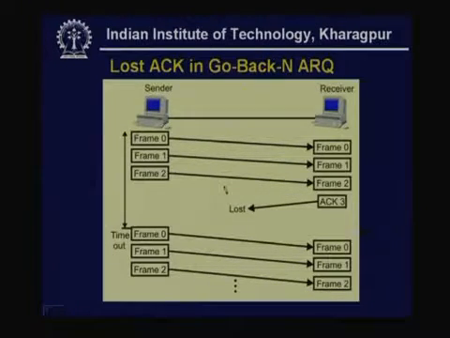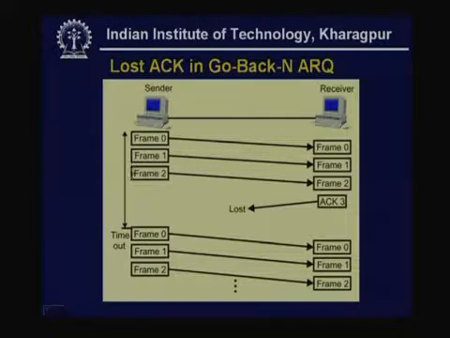Let us see how the lost acknowledgement is tackled. Here we see that frame 0 is sent, frame 1 is sent, it is received correctly, frame 2 is also received correctly. So, it sends an acknowledgement ACK 3. That means, it is asking for frame 3 to be sent, and it is lost unfortunately. So, after sending frame 0, the sender has not received an acknowledgement.